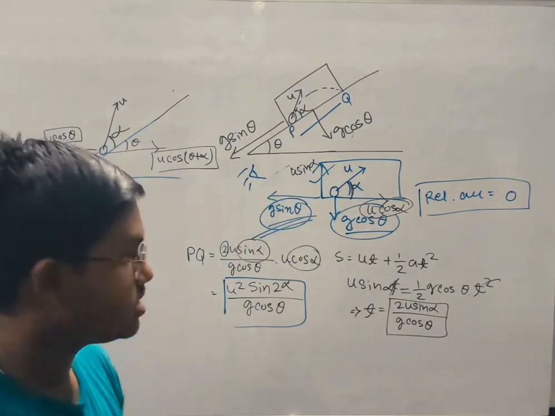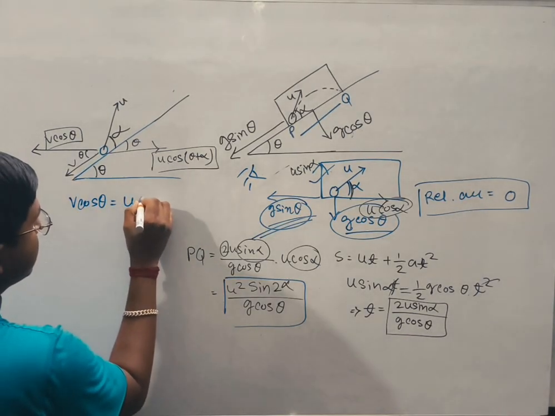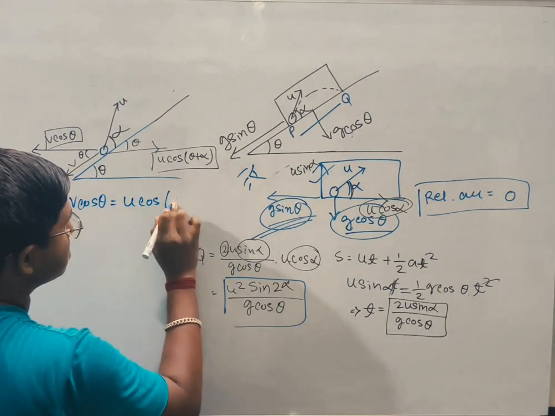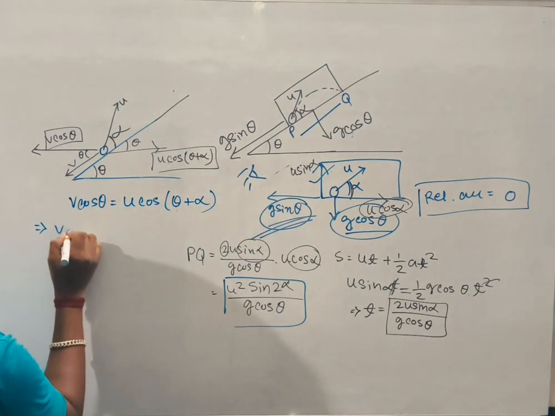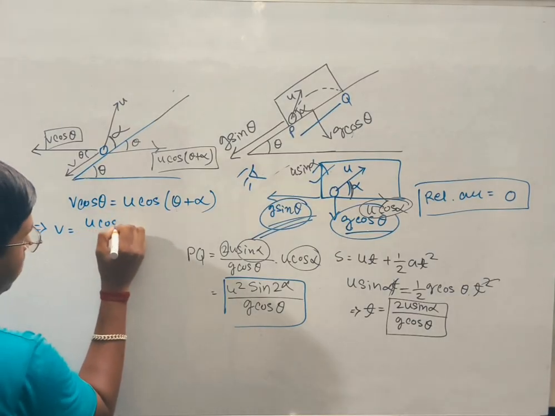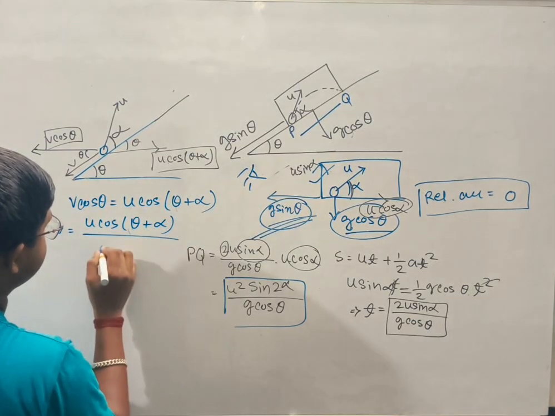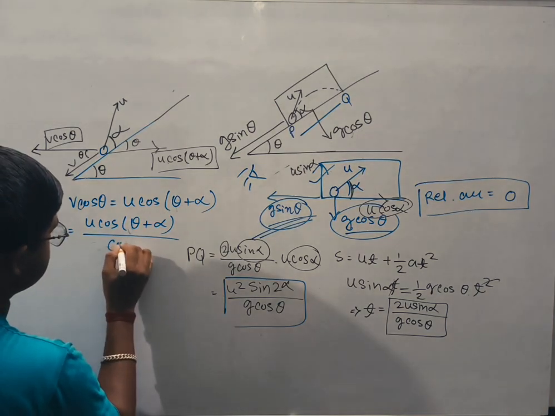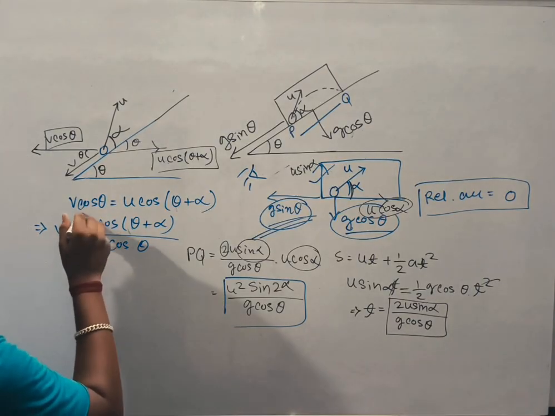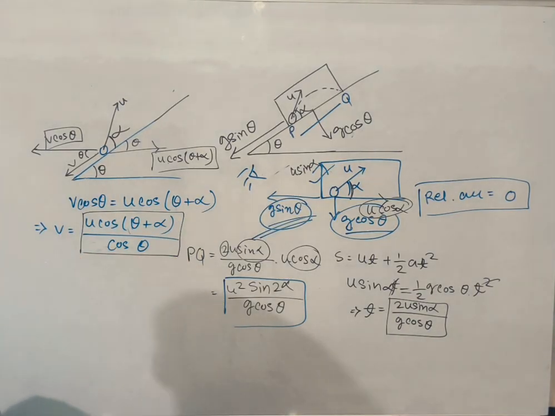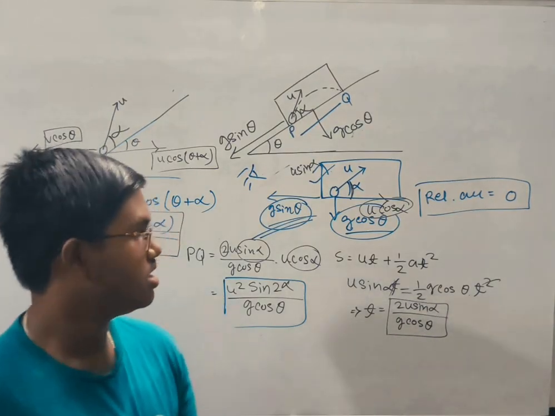So the case is true. v cos theta equals u cos of theta plus alpha, and we can find the velocity v equals u cos of theta plus alpha by cos theta. This is the solution.